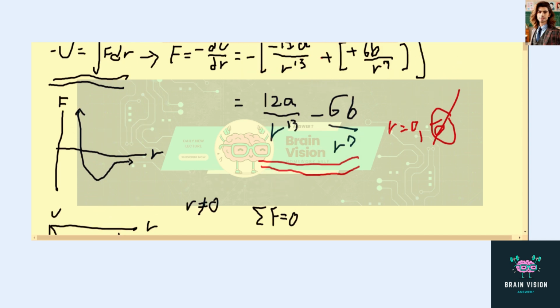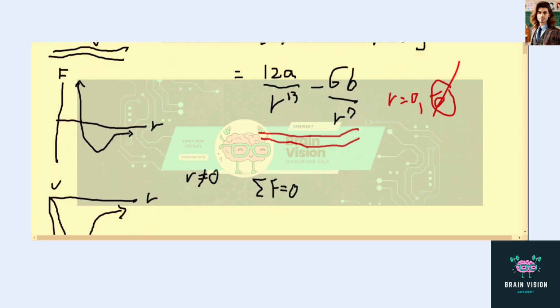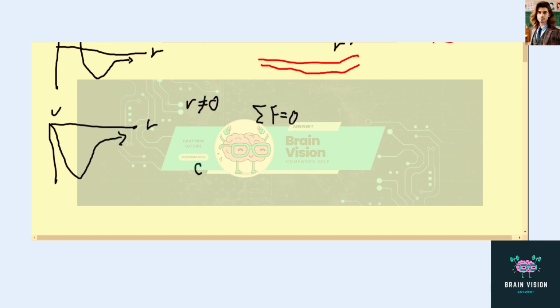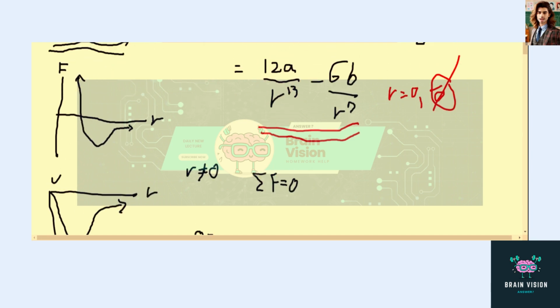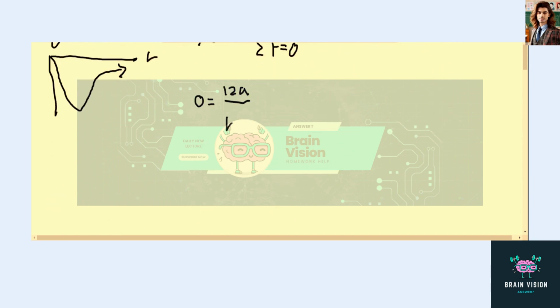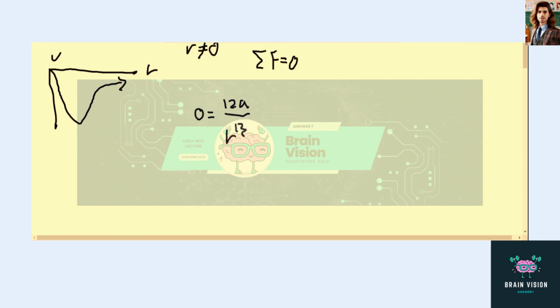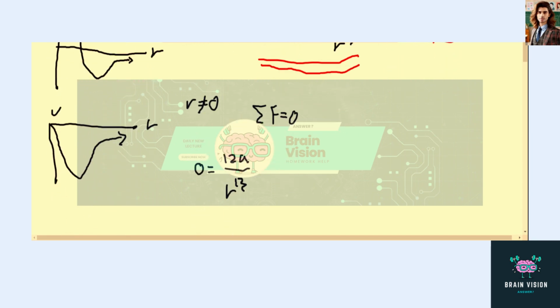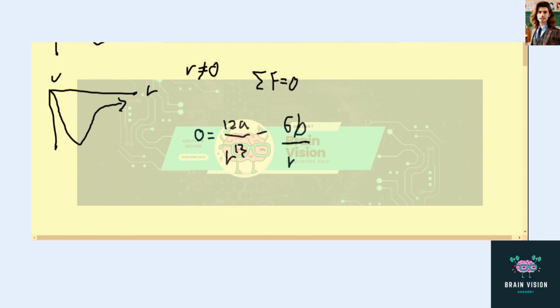So if we set this equal to 0, we would have 0 equals 12A over r to the 13th minus 6B divided by r to the 7th.